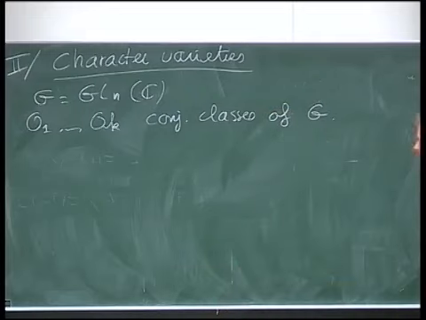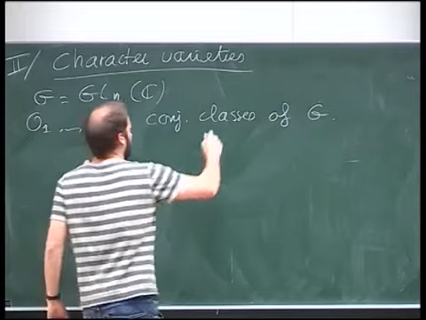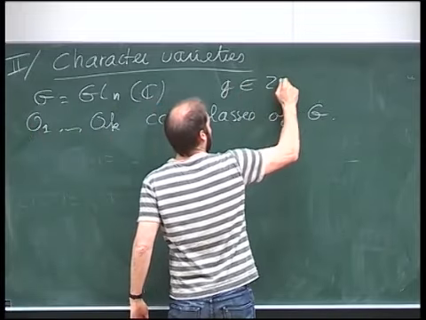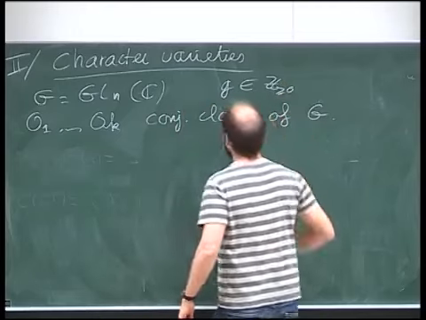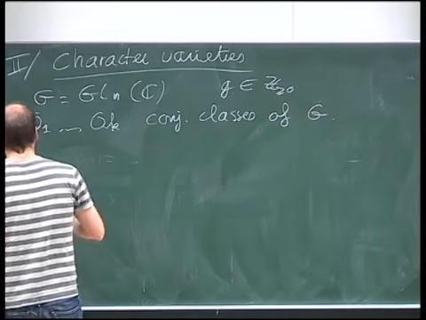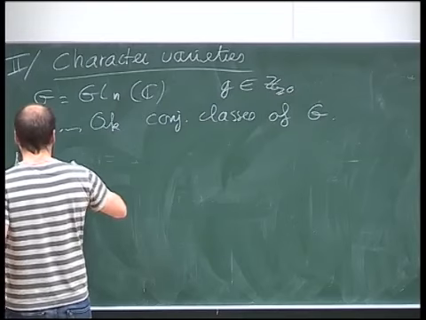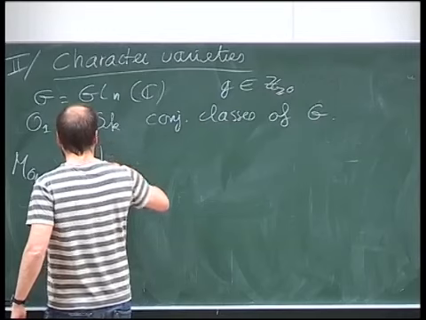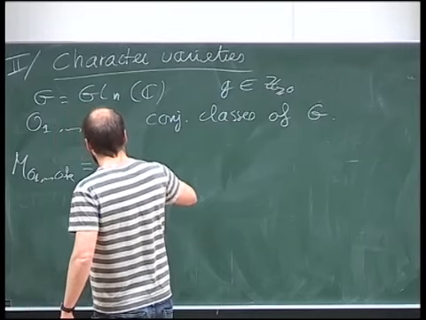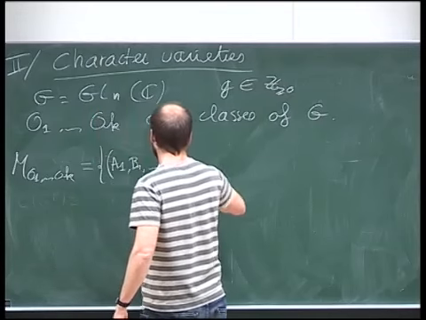And then we can form the following variety. We also fix a genus g, which will be a non-negative integer. That is extra, but it's still useful for what I want to do. So then we can form the following complex variety, defined as the quotient of tuples A1, B1, ..., Ag, Bg.